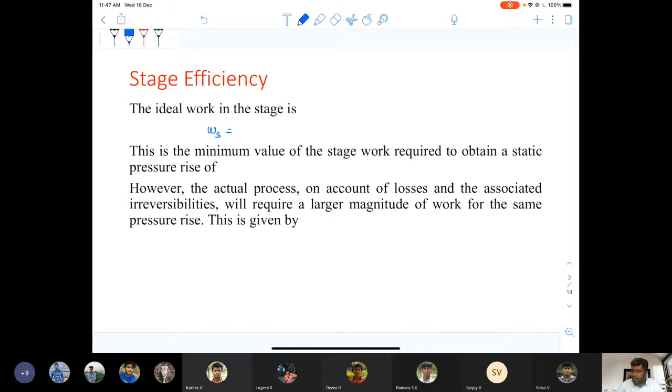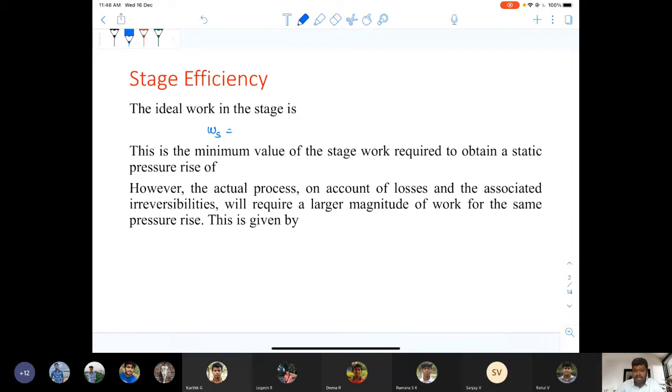Therefore, the ideal work in the stage is given as W_s, which is equal to the difference in the enthalpy. In the last class, we saw in the velocity triangle that there will be three stations. From 1 to 2 it is considered to be the rotor, and from 2 to 3 it is the diffuser. Therefore, the total stage will be from 1 to 3.